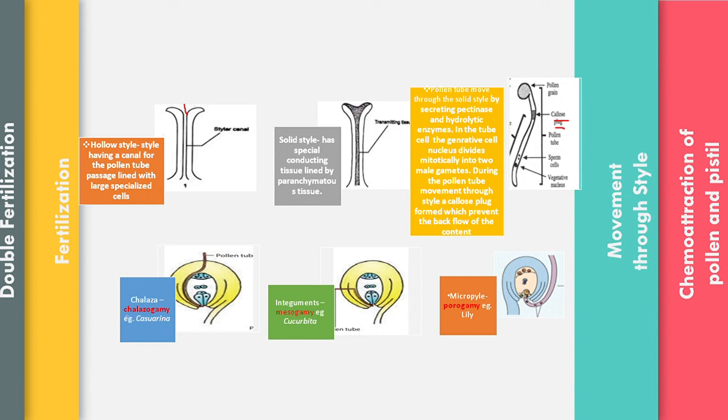Chalazogamy, as the name suggests, chalaza, is when the pollen tube enters through the chalaza. Mesogamy is when the pollen tube enters through the integuments. And porogamy is derived from the word pore. Pore means a hole. In the ovule, that small opening is the micropyle. So when the pollen tube enters through the micropyle, that is known as porogamy.